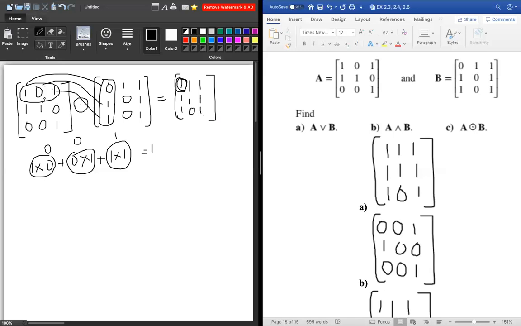So 1 plus 1 is 2, right? Sorry, which value are you talking about? This value here? No, the third one.